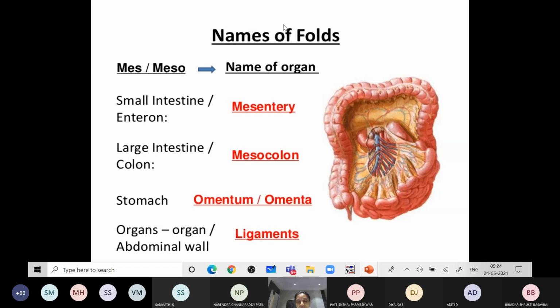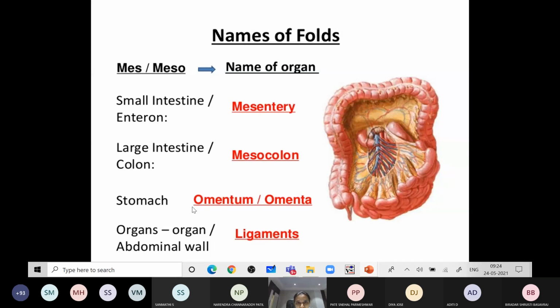Depending on that, the different folds are named, according to which organ they suspend or cover. Meso is fold. Meso is attached to the organs. Suppose that fold is suspending the small intestine, enteron, it is mesentery. Large intestine, it is mesocolon. Stomach, omentum is related to the stomach.